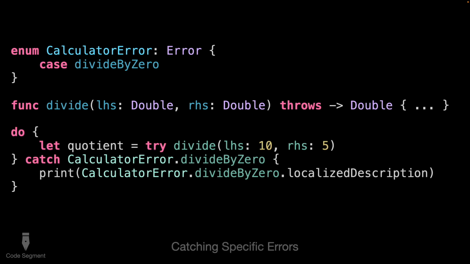So here we are catching a very specific error. With a do try catch block, you can catch many different kinds of errors, sort of like when you do a switch statement, you can have multiple different cases. You can just chain them together. So you can catch calculator error dot divide by 0.